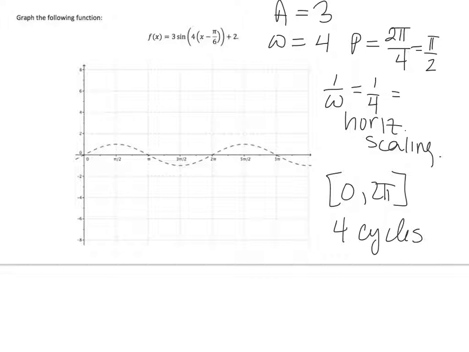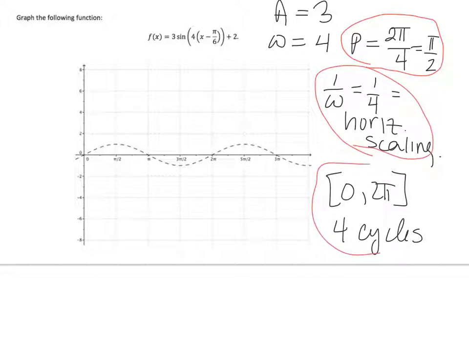So the things that we've done so far, we know our period, we know the horizontal scaling, we know how many cycles we have between our closed interval, 0 and 2 pi. What else do we know? The phase shift. The phase shift is pi over 6.